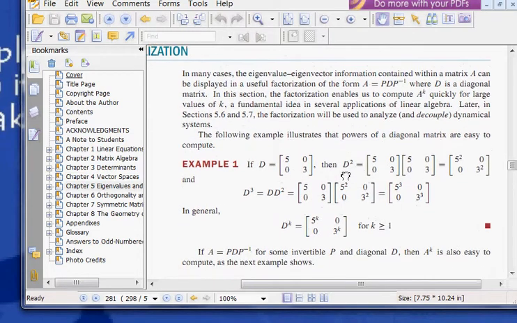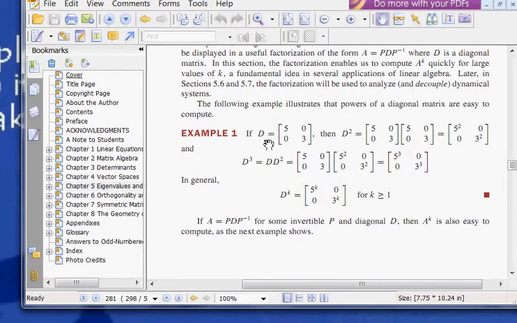Okay, so let's move on to example 1. Here is D. Now to compute D squared, you multiply D with another D. And because of the arrangement of the 0 entries in the matrix to the non-zero entries, D squared really becomes 5 squared, 0, 0, 3 squared, okay?